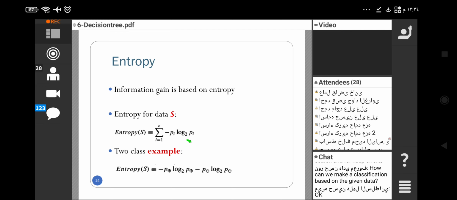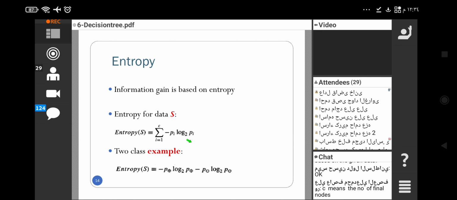So using this formula, we can calculate the entropy of the data. This is the formula of entropy.